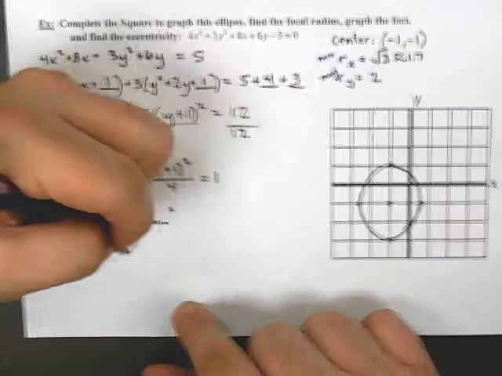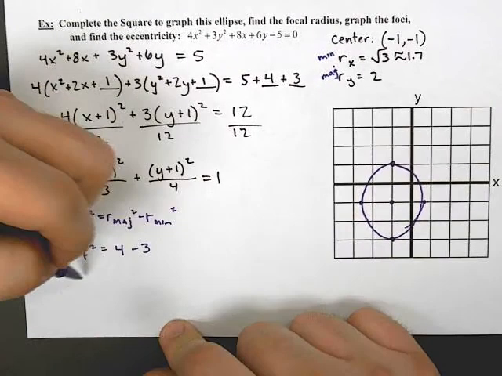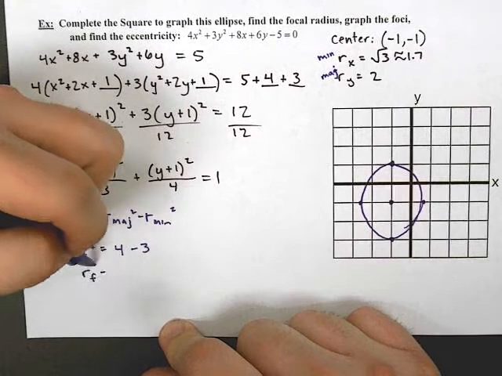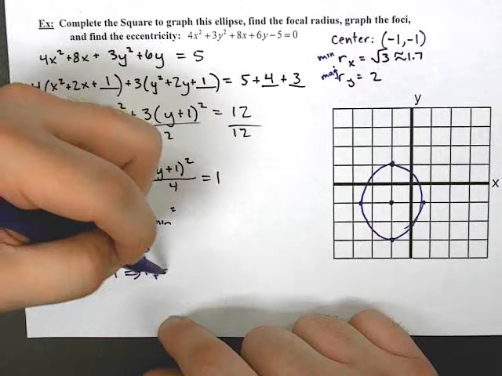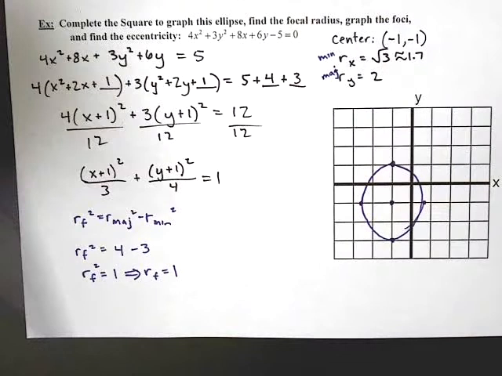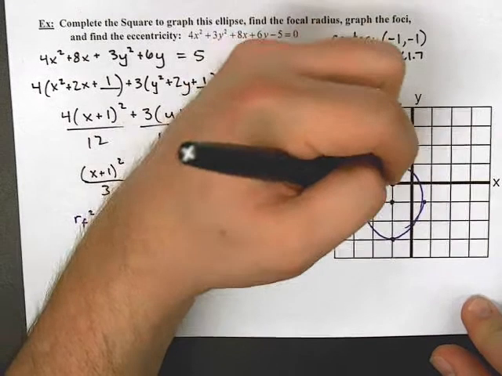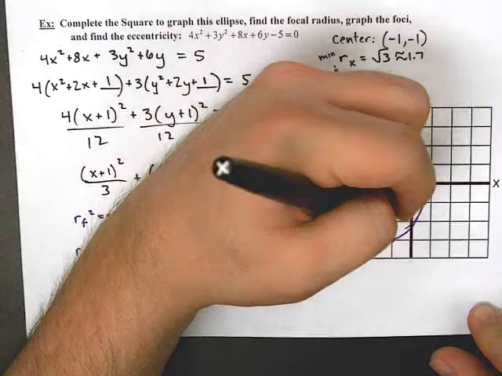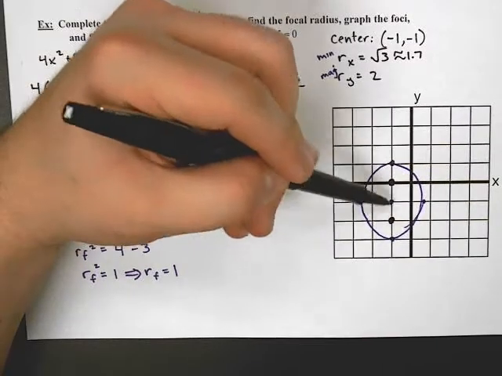We square it, so that's actually just back to 3. And so now we know that r sub f squared is equal to 1, or r sub f equals 1. All right, that's great because now we can place our foci on the graph. Please remember, they're always on the major axis, okay? Always on the major axis. So that's why I went one up, one down.